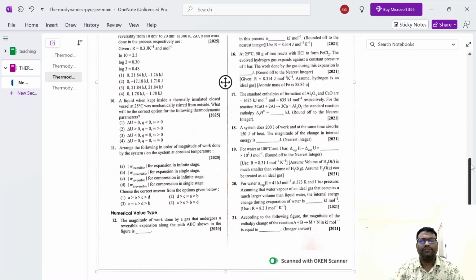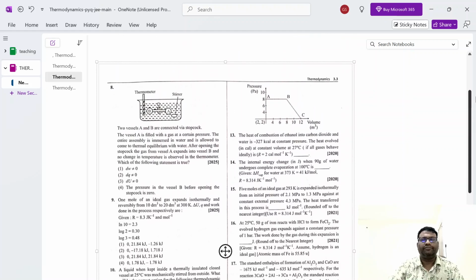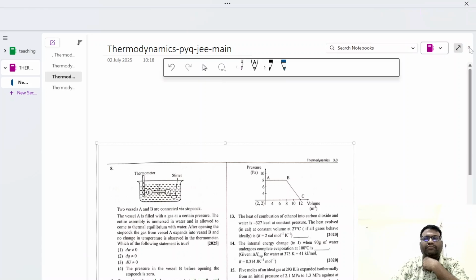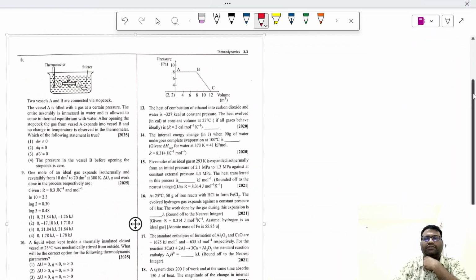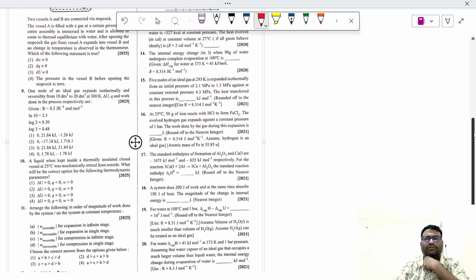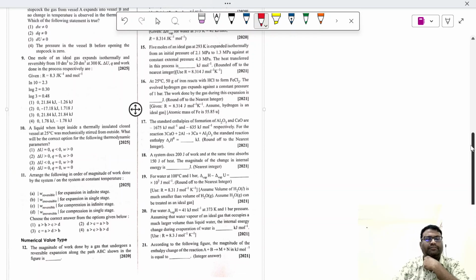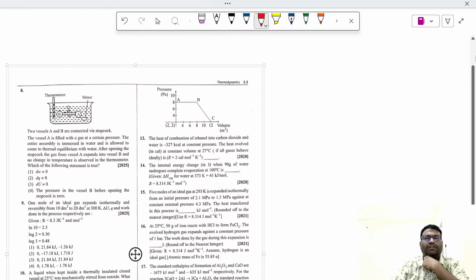Reversible expansion. So let us see the graph. What is asked? The question asks for the magnitude of work done by the gas.